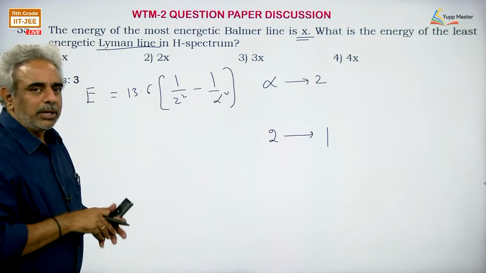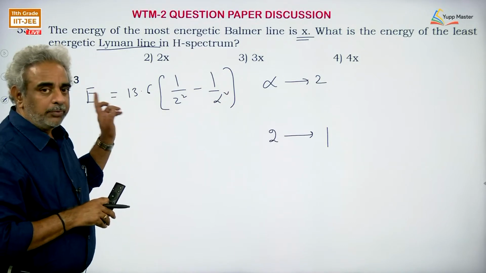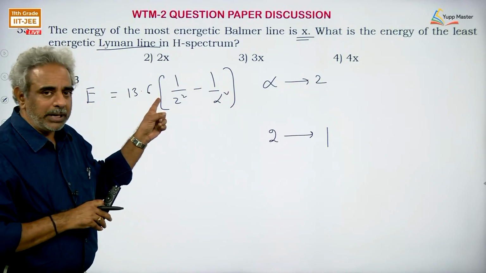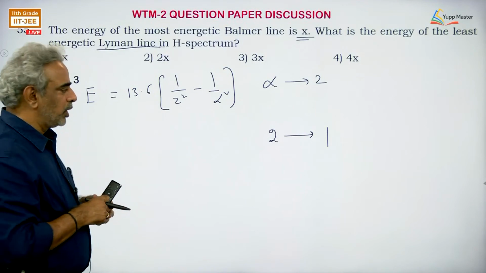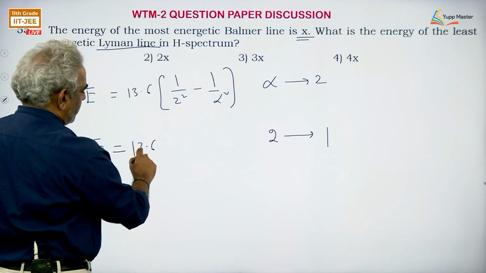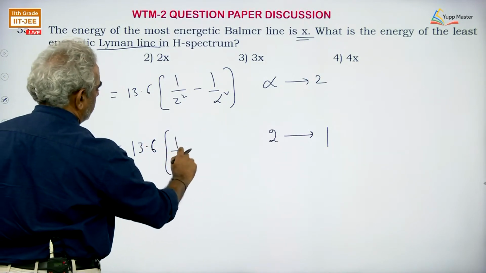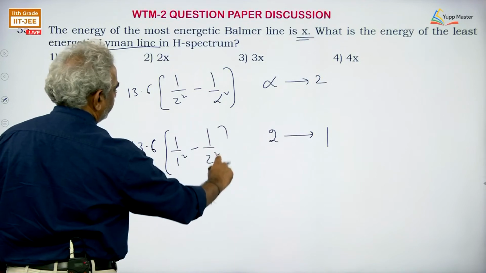Have you observed something? When I said energy, I am going for 13.6 into Z square. When I want wavelength, I should go for the Rydberg equation, Rydberg constant. So now again energy is equal to 13.6, because it is hydrogen, Z is 1, this will be 1 by 1 square minus 1 by 2 square.